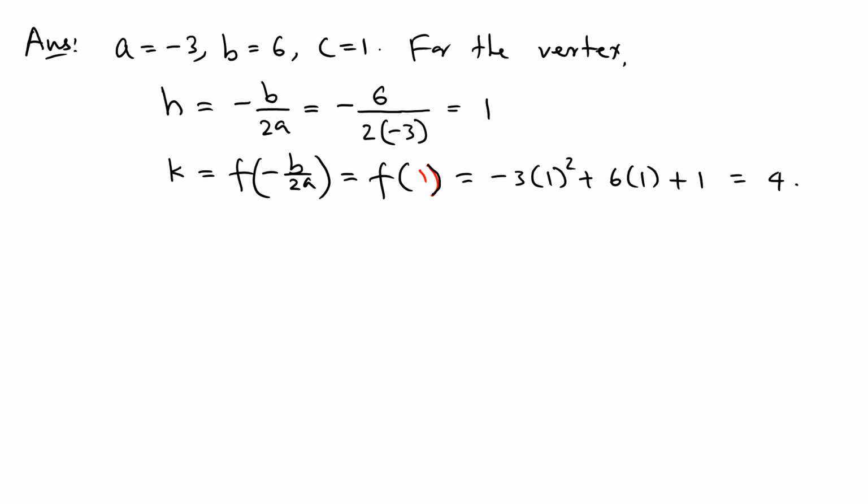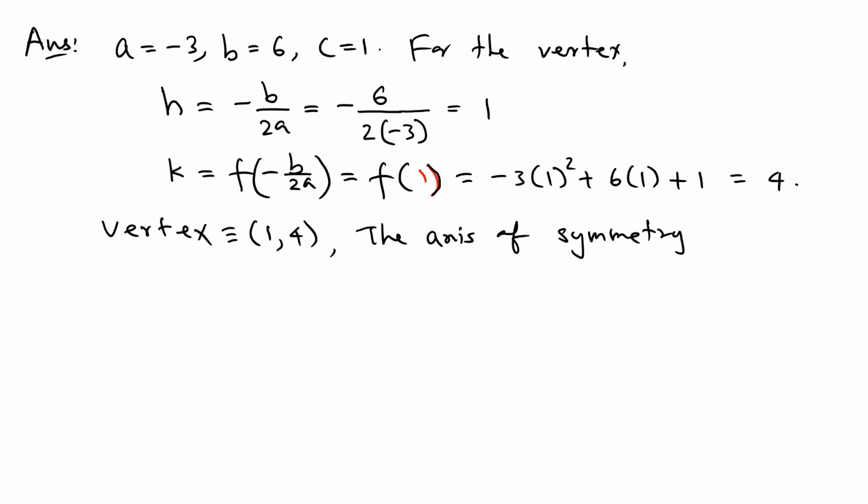So that means the vertex is (1, 4). And the axis of symmetry is x equals the h value, which is 1. Okay, so we know the vertex and the axis of symmetry.